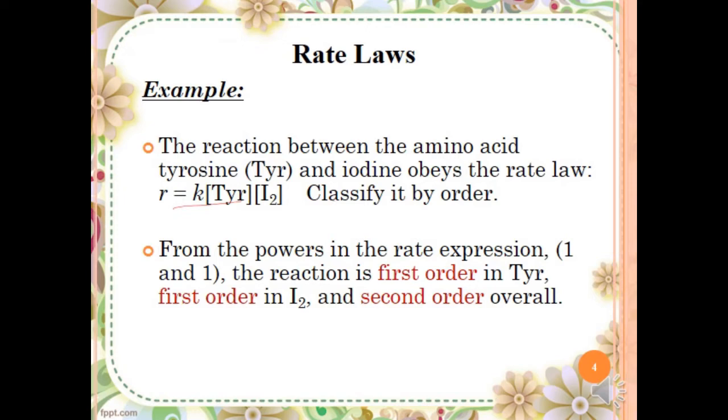Order means the power of each of these species here. Because no number is written here, it means first order for tyrosine and also first order for iodine, and the overall order is second order because 1 plus 1.